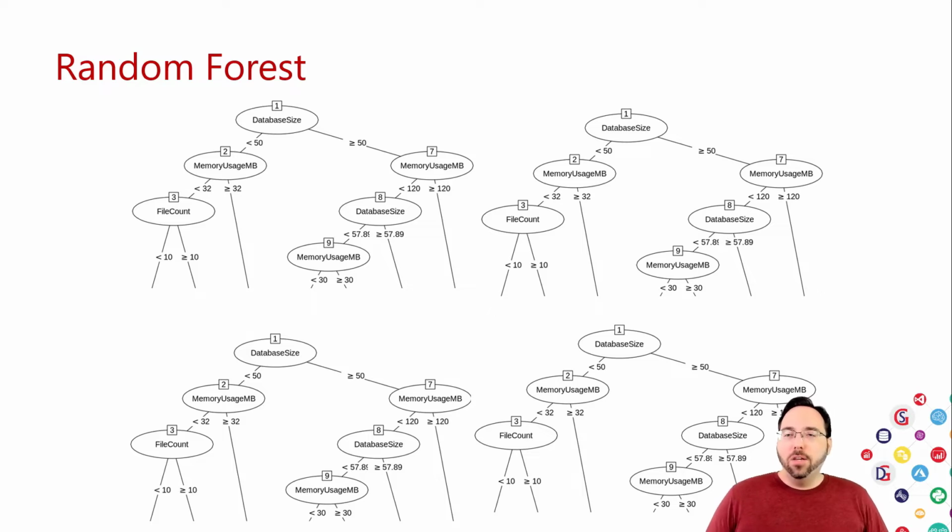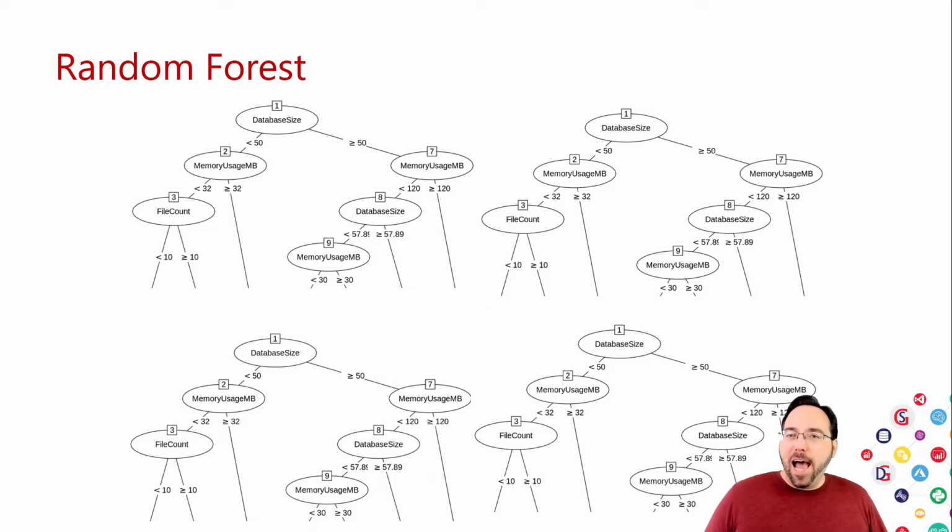I say you're only allowed to go 2 levels deep, no deeper than that. Or you must go more than 3 levels deep. Or you're not allowed to use this as an input feature. So what we're doing is we're changing the set of inputs, and we're generating a lot of different decision trees.